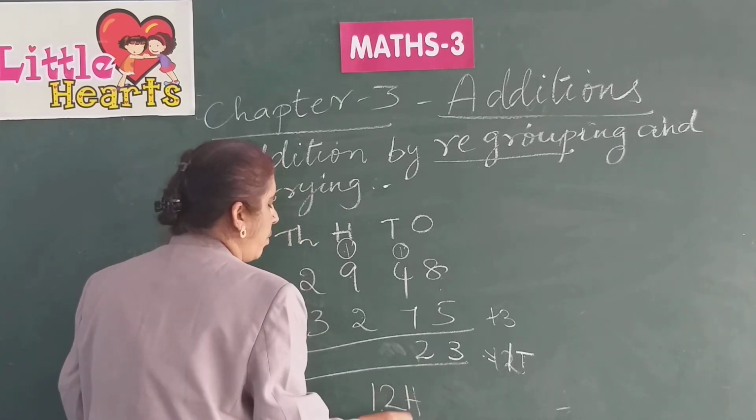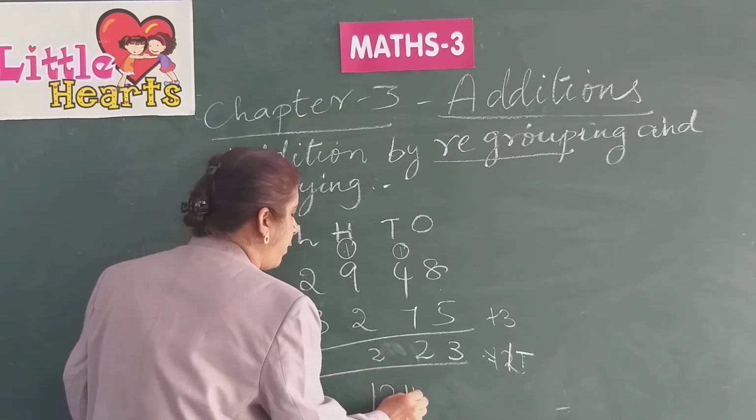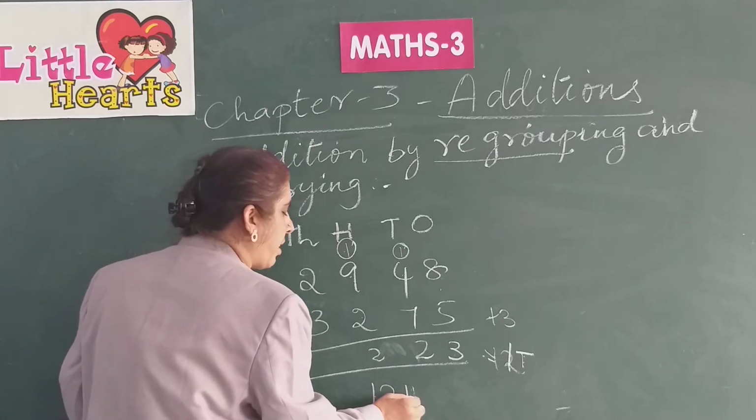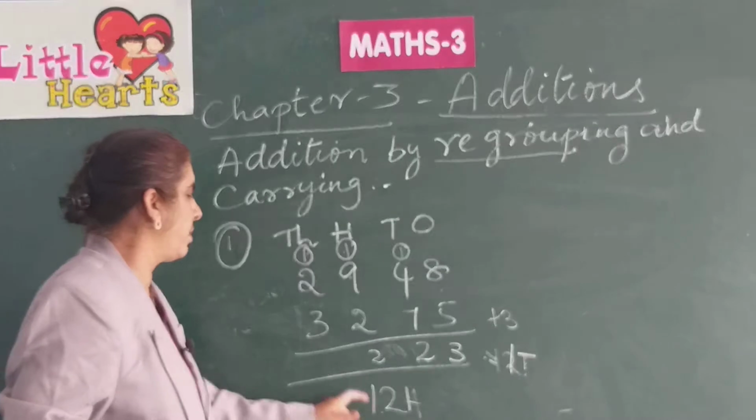So this 2 in the hundreds place, and 10 hundreds make 1,000, so it will be carried to the thousands place.